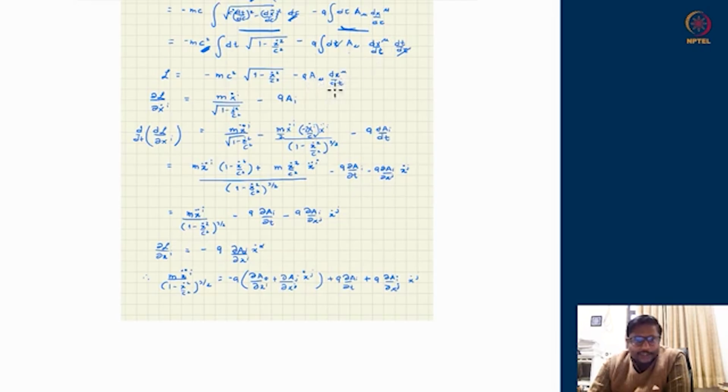Now note one fact: here I have obtained the Newtonian velocity, not the Lorentz covariant velocity. Lorentz covariant velocity would have been dx mu upon d tau. This time I have obtained dx mu upon dt, because of the chain rule, I replaced the derivative with respect to tau by a derivative with respect to t.